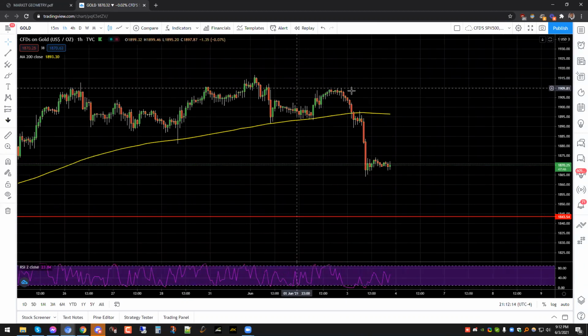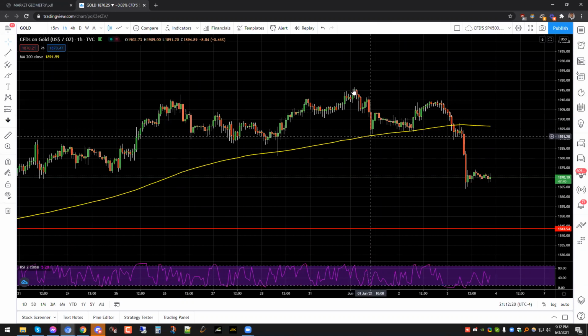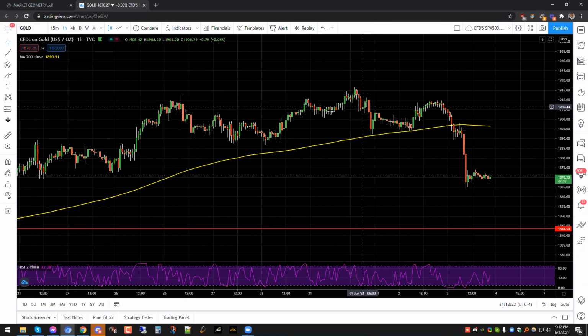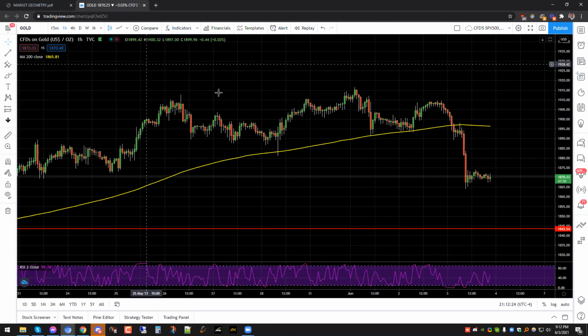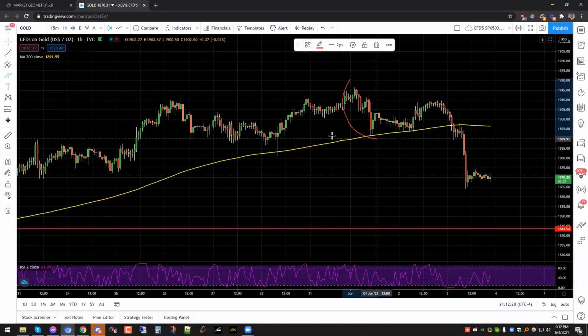Would you consider this to be an ABC pattern, or would you consider this to be AB equals CD? Let me just try to circle it for you. What would you consider this pattern to be? Okay, Kevin says ABC. Anyone else? Would you call this WXY? What would you call it?